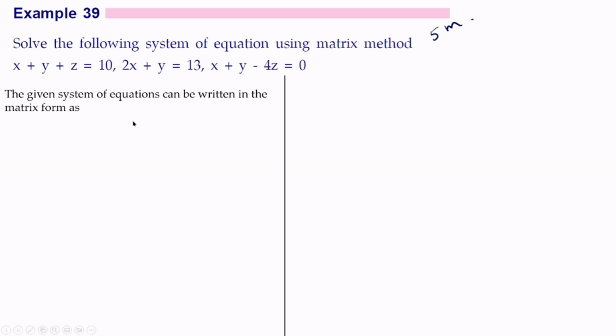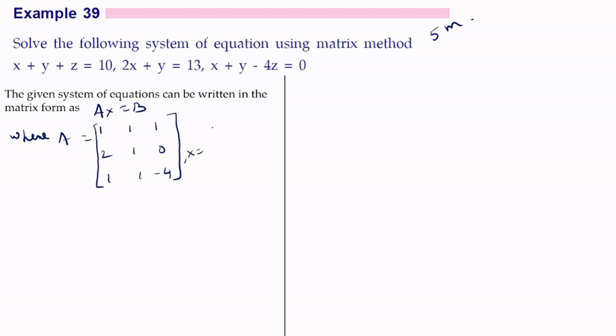So the given system of equations can be written in the matrix form as AX equal to B, where A equal to the coefficient matrix 1, 1, 1, 2, 1, 0, 1, 1, minus 4.